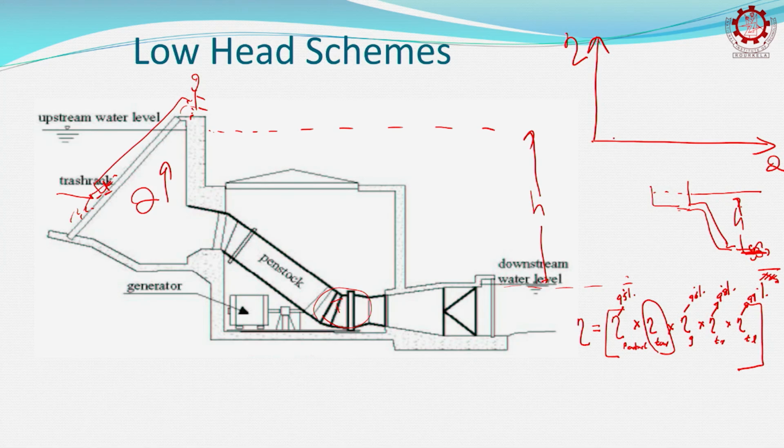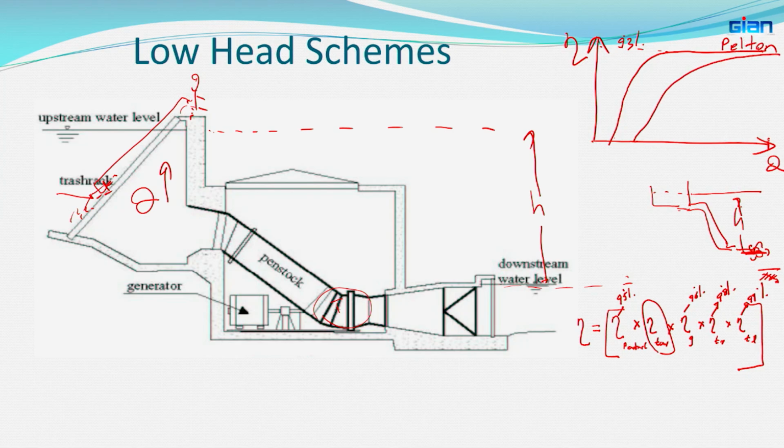So if you take a Pelton turbine, the efficiency curve will be something like this, right, reaching almost 93% maximum efficiency. But if you take a Francis turbine, the curve will be like this, right.